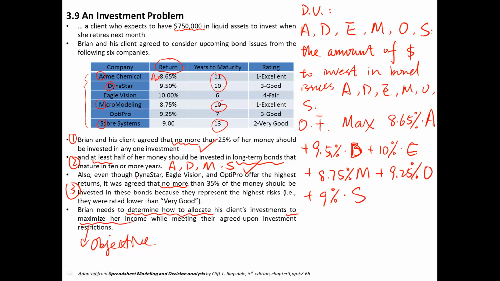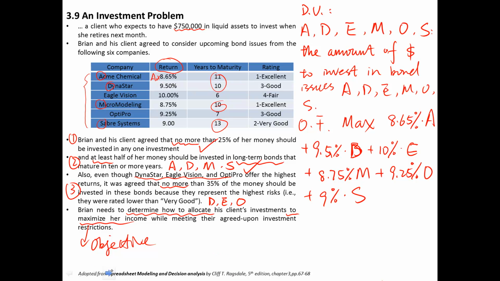Then the third constraint: no more than 35% should be in these bonds because they represent a high risk. So D, E, and O should not exceed, no more than, 35% of the total.